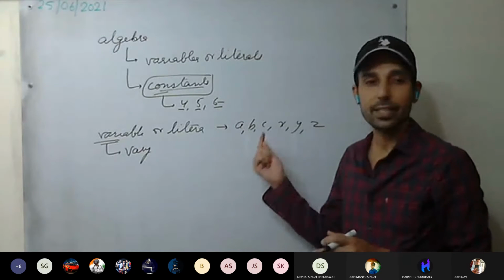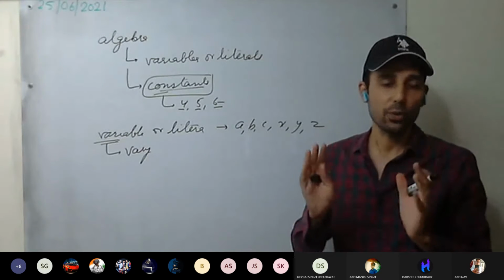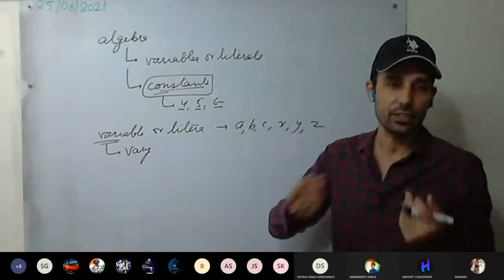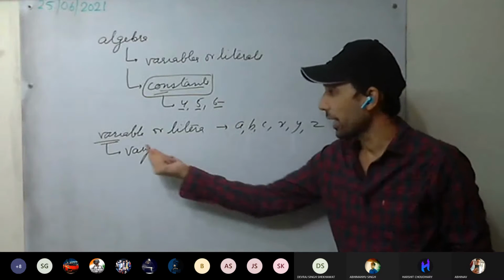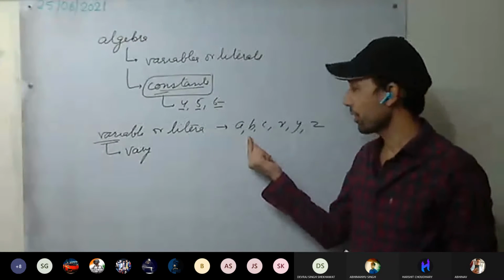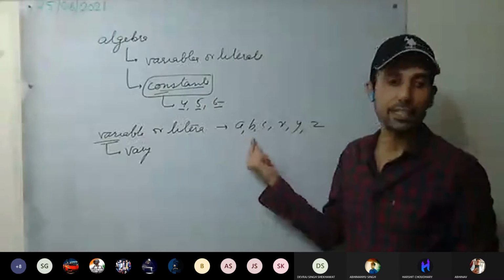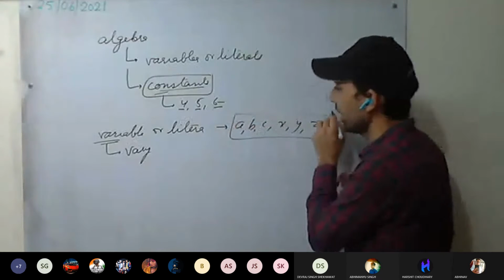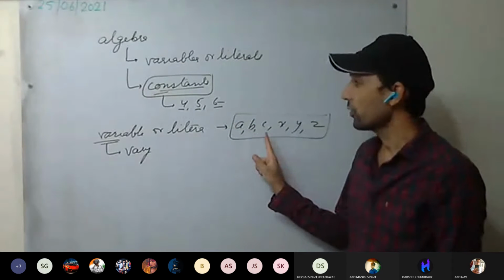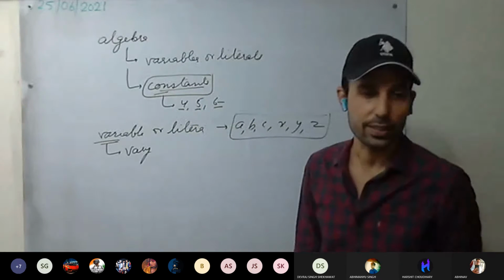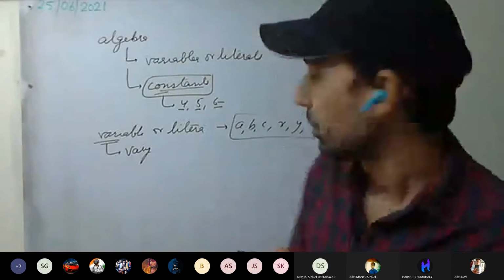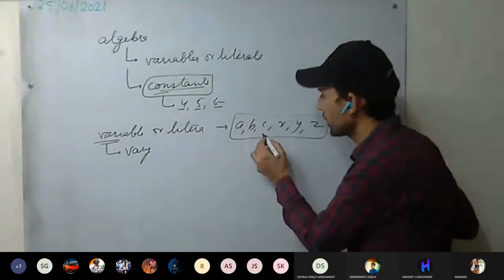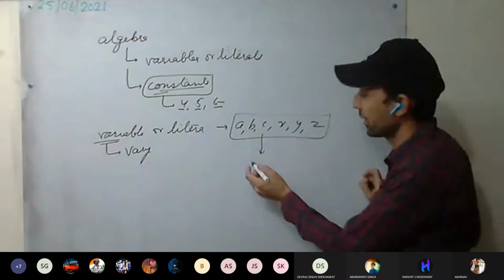We do not know what is the quantity they represent. It's not fixed. It varies depending on different conditions. So these are called as variables or literals because their values vary. They don't have fixed quantity. Constants, they have fixed quantity. So these are constants, these are variables. Now see here, which quantities these variables will take? Numbers only.